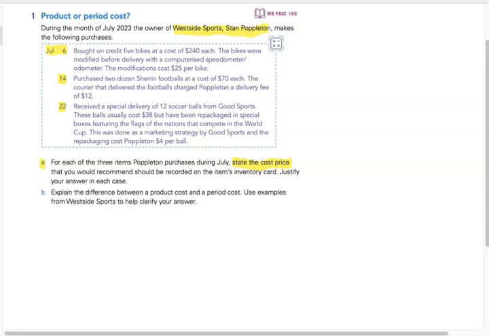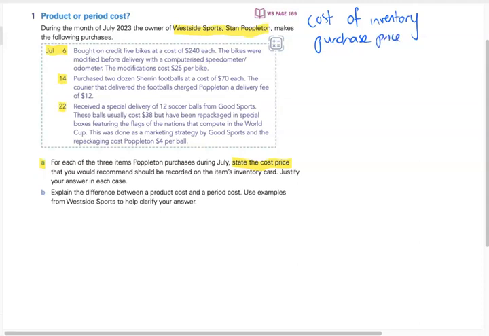Now this question is going to think about what are the additional costs associated with the purchase, and are they product or period costs? So this is ultimately what we're asking. We will have a purchase, but what is the cost of our inventory? And you should remember that the cost of our inventory is not just the purchase price of the inventory, it is the purchase price plus a number of important elements.